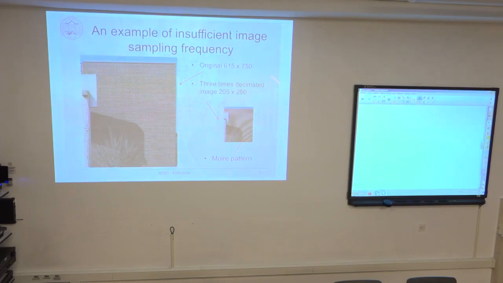But for example, if I have the resolution decimated in spatial resolution 3 times, so 3 times fewer pixels per x and y dimension, what I get is some kind of waves here. You see these waves. And these waves are the so-called Moire pattern. And this Moire pattern is actually an artifact of aliasing in two-dimensional signals, in images.